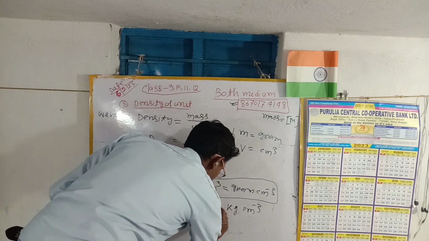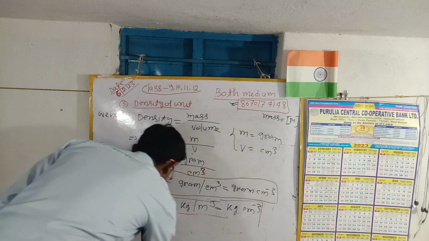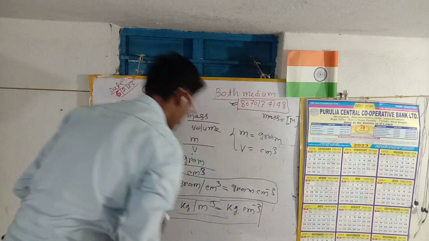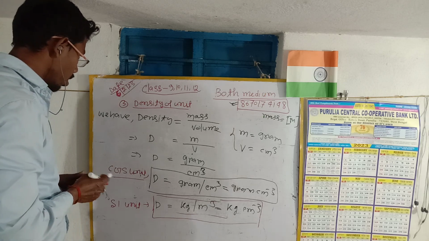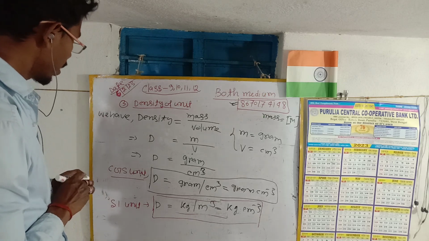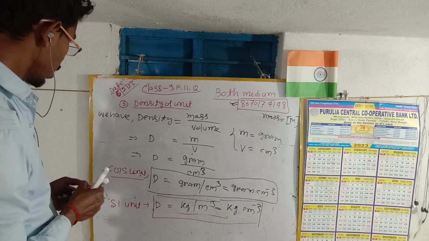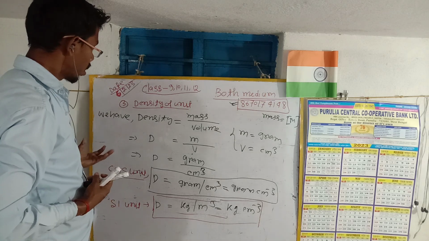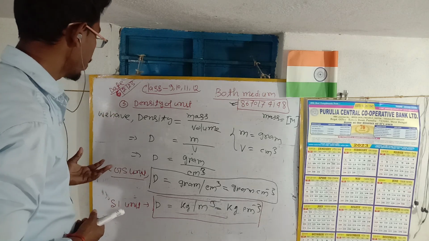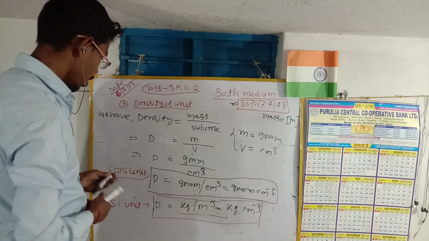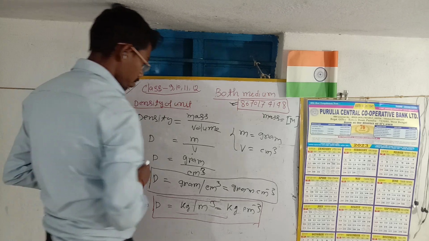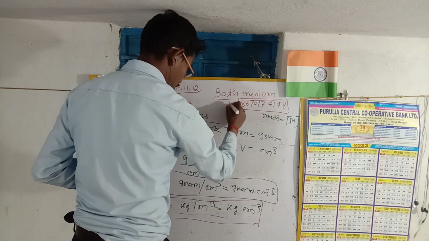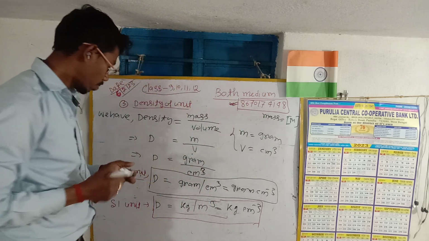So the density unit is found here. In dimension analysis, both unit and dimension are found.